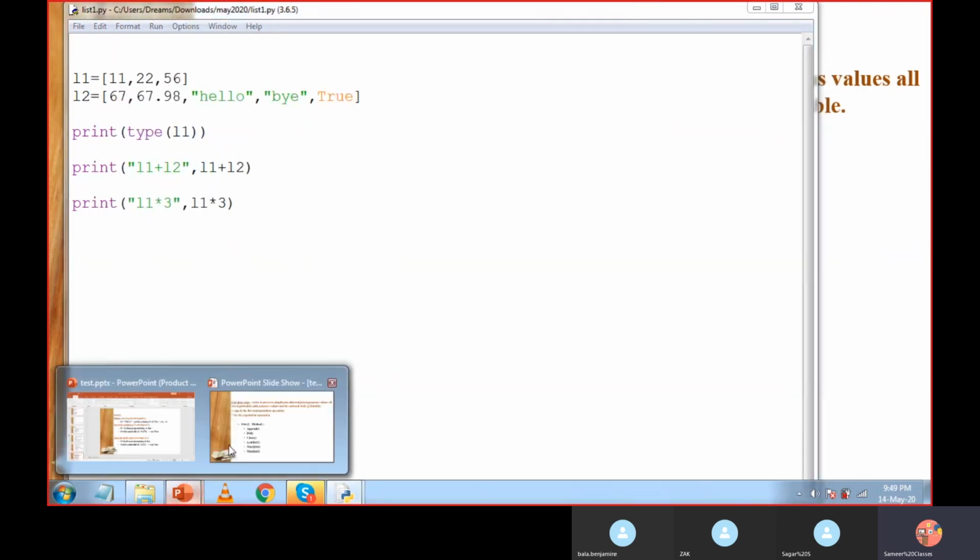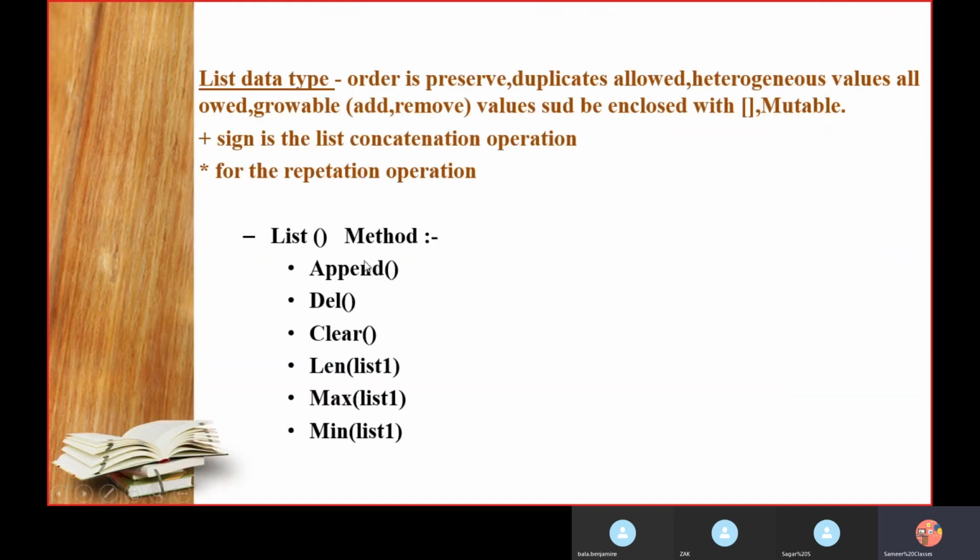Okay. Now other functions in my list are there, such as append. Whenever you append an element, it means adding, and the new element will get added at the last index. Then clear: if I do that, all the values in my list will be removed, so my list will become empty.